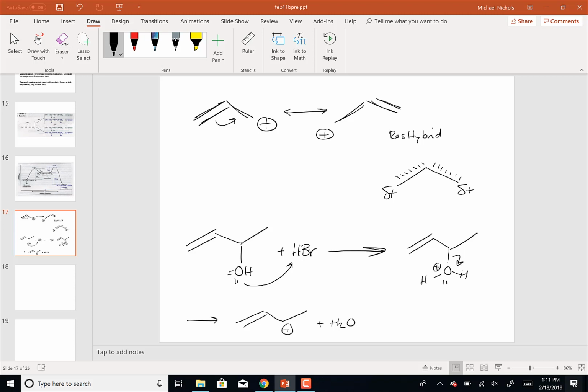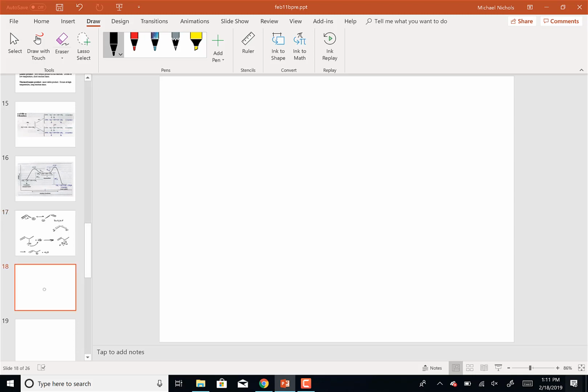SN1. Now, because I have a carbocation that has possible resonance structures, I'm going to need to do some extra steps here.